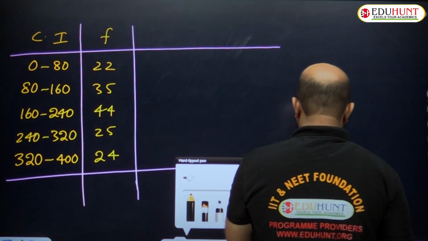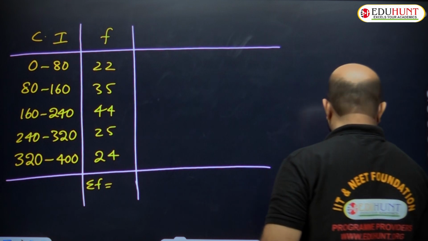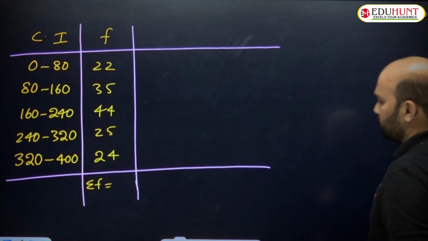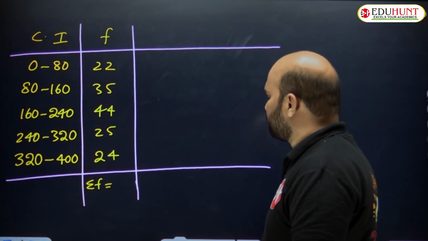First we need to find the total frequency, sigma f, the denominator in the formula. Total frequency is 22 plus 35 plus 44 plus 25 plus 24.